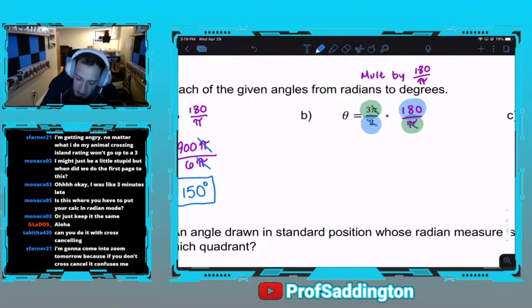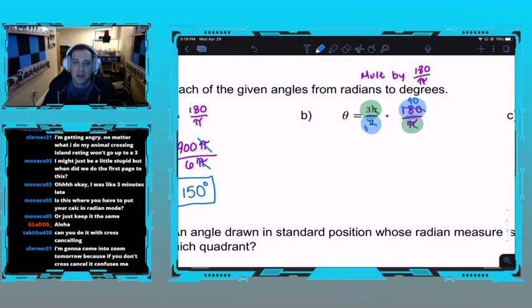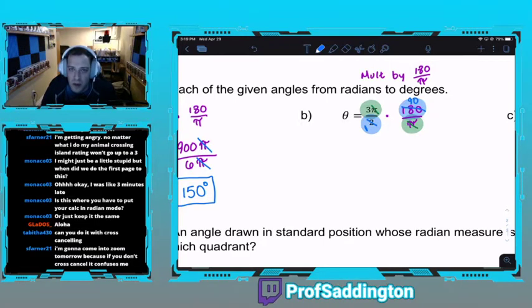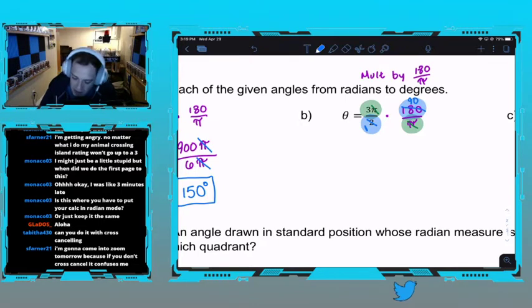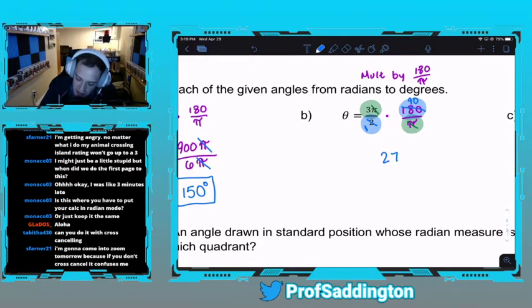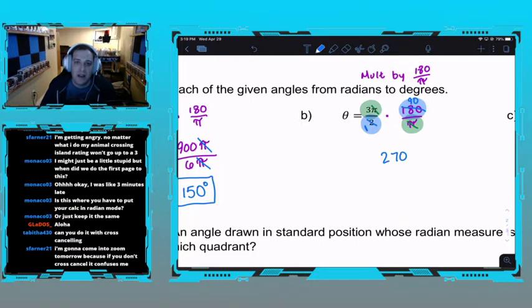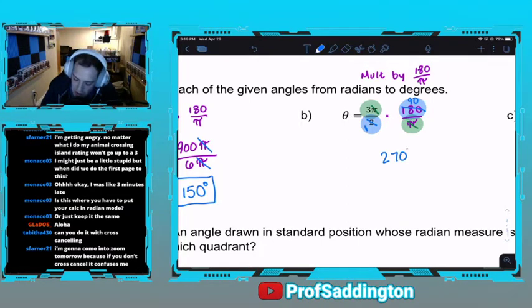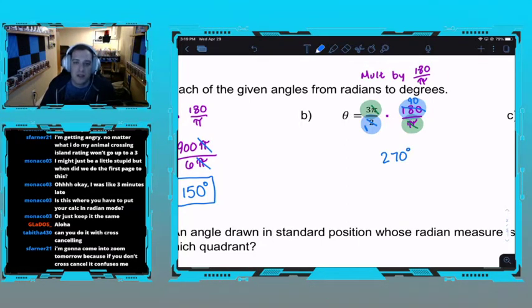So the 2 is going to cancel out and become 1, and the 180 is going to cancel out and become 90. So now we could just multiply straight across. If you were to do 3 times 90, that would be 270, but everything canceled out on the bottom, so we're just left with 270 degrees.